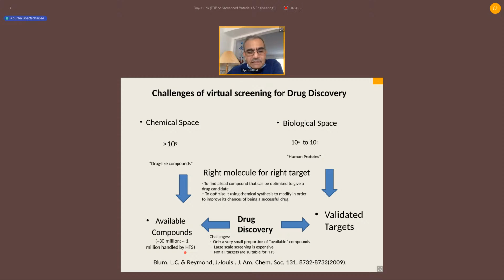Another thing also, large-scale screening is very expensive. So these are a few challenges that in silico virtual screening has to address, and they are working on various techniques. Machine learning techniques are one which is very commonly used now.